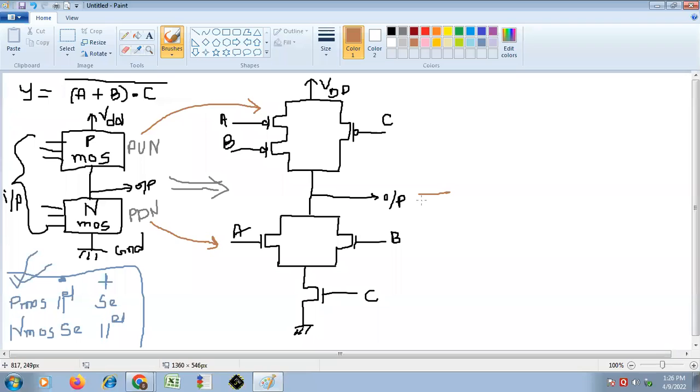Fine. Now we have to draw the stick diagram for this. How to do this? First we have to represent the ground and VDD lines like this.